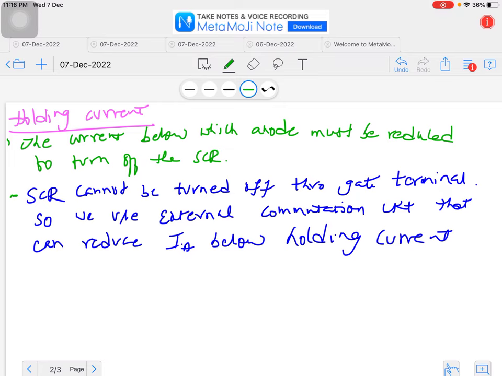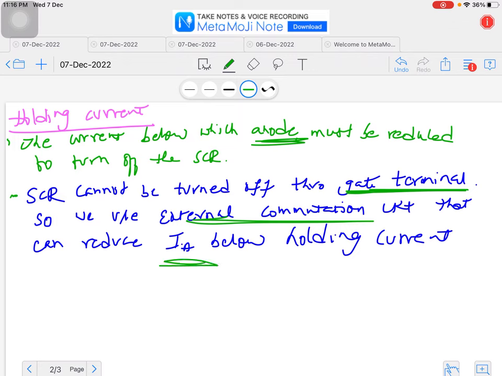And SCR cannot be turned off through the gate terminal. Remember that. You want to turn off a thyristor, you reduce the anode current below a value. This can be done by using an external commutation circuit which will reduce the IA below the holding current.